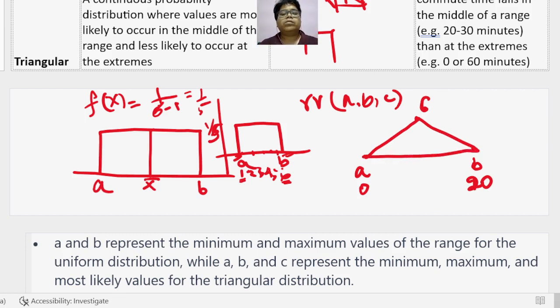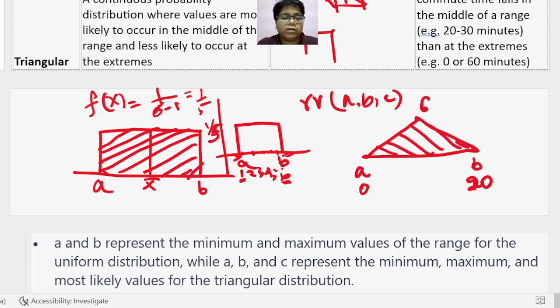So how do we calculate the area of this? We know that the area of the rectangle becomes 1, correct? Similarly, the area of the triangle will be 1 only.